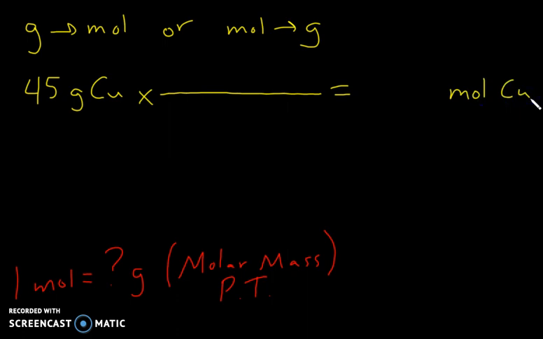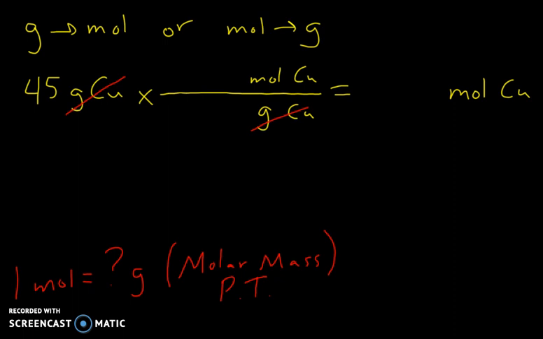Just like before, since we're going to moles of copper, we need to make sure that moles of copper is on the top of our fraction, because that's what we're trying to get to. And we've got to make sure that grams of copper go in the bottom of our fraction, because that's what we started with. So now our grams of copper cancel grams of copper, and we're left with moles in the top of our fraction, which is what we want.